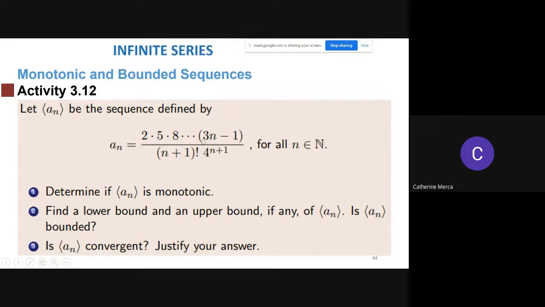And up to your nth term, 2 times 5 times 8 up to whatever that n is minus 1 over that. Got it? So the numerator, ma'am, is the terms of 3n minus 1 multiplied.